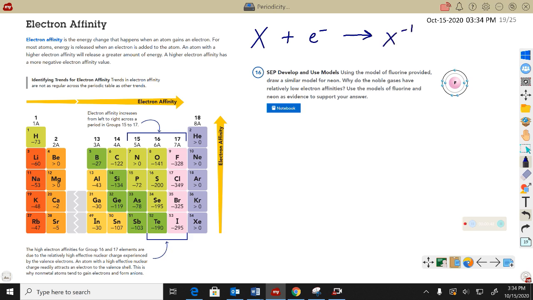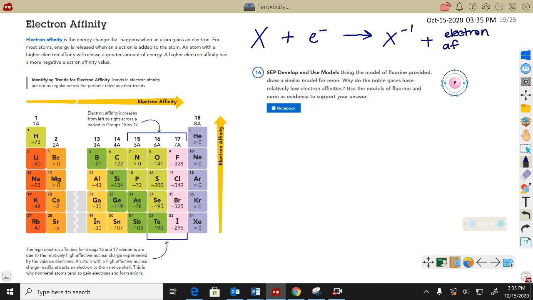I'm not changing the nucleus, but I'm gaining an extra electron. And when I gain an electron in a way that makes the atom more stable, maybe I filled my outer shell, now energy will be released. So we'd say plus electron affinity energy.